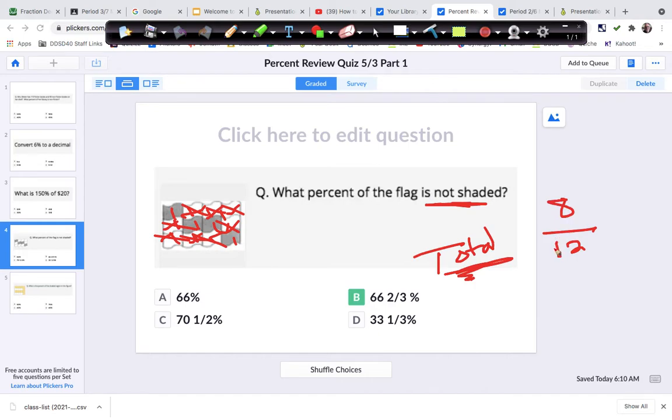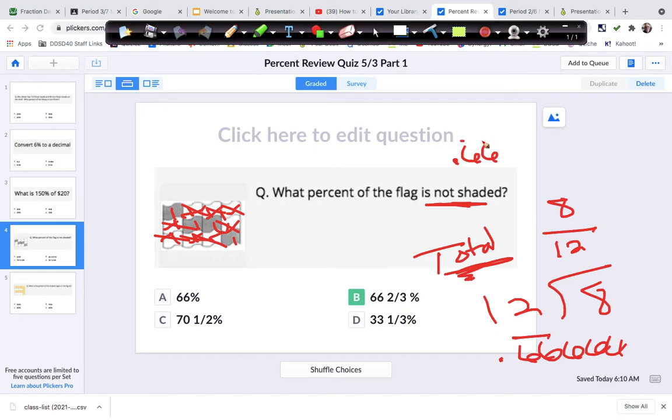8 12ths. On a calculator, do 8 divided by 12. Go ahead and pause the video and do it right now. 8 divided by 12. You will get 0.66666. It'll keep going. So that means we're just going to put 0.6 repeating. To turn this decimal 0.6 repeating into a percent, we multiply by 100, and that's 66, but the 6 keeps going. So that's 66, and it keeps going.